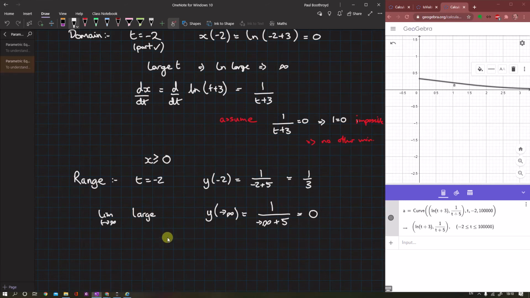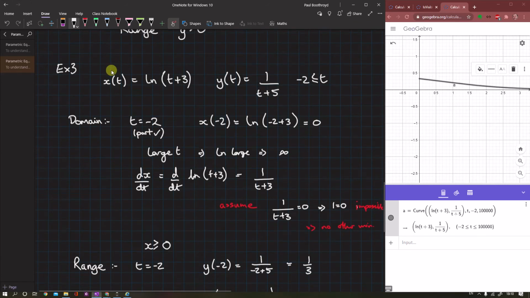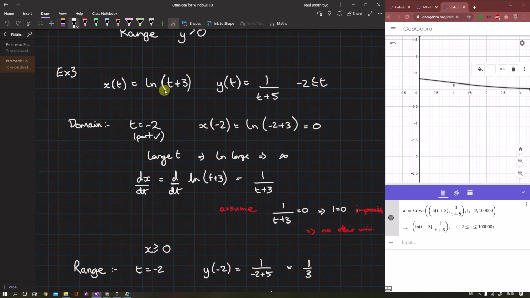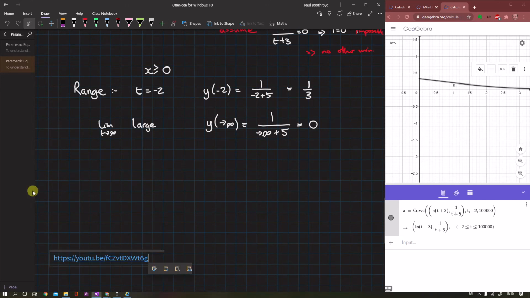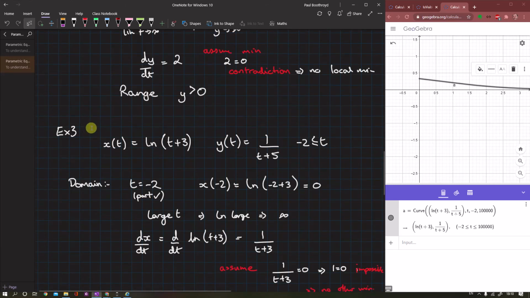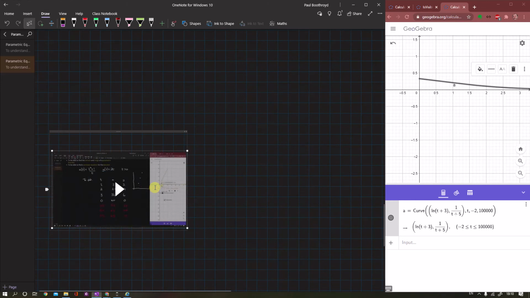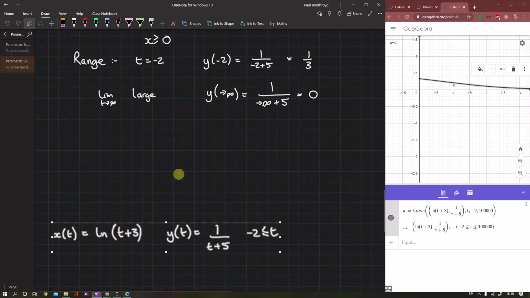Also, let's do a quick check on dy/dx. Let's check and see if there's a value in here where we can get another minimum as well.